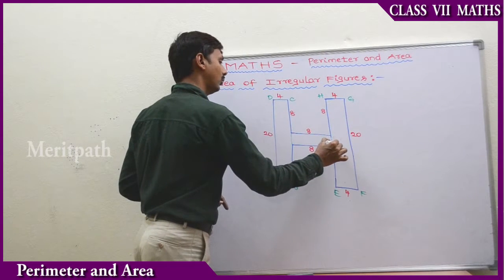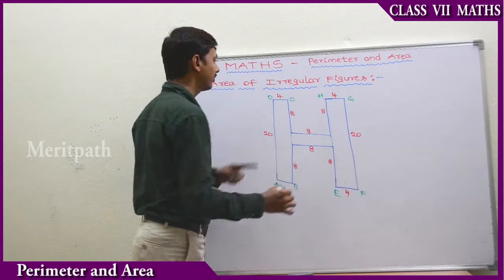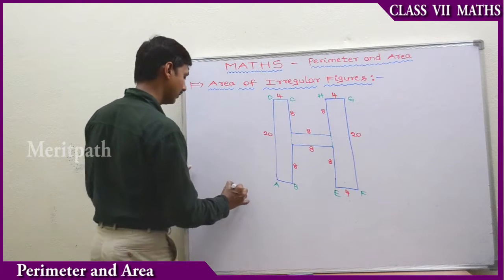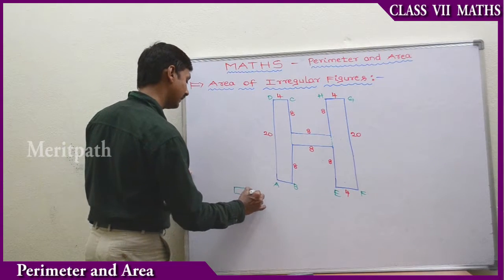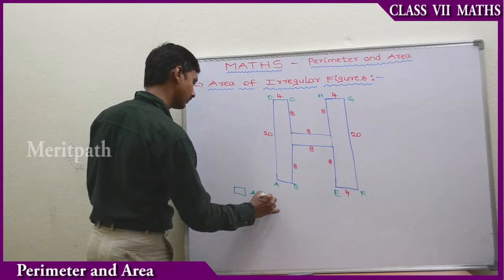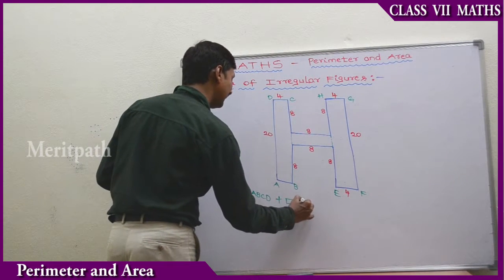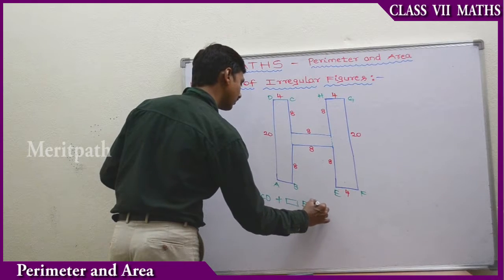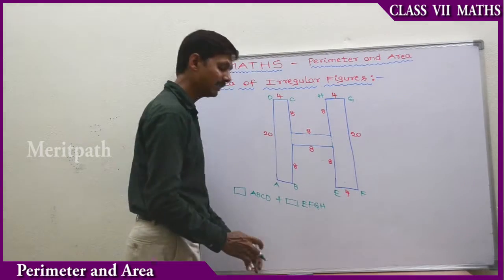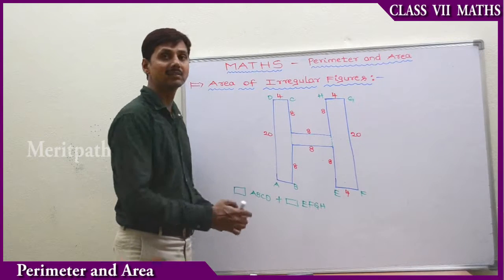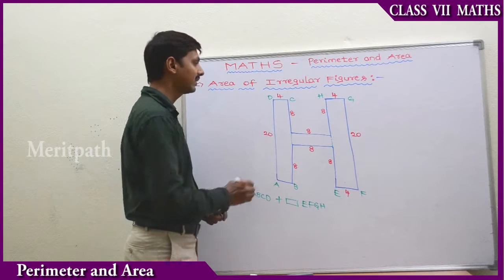When we join these two, we get two rectangles: rectangle ABCD plus rectangle EFGH. So the first rectangle and the second rectangle are formed.